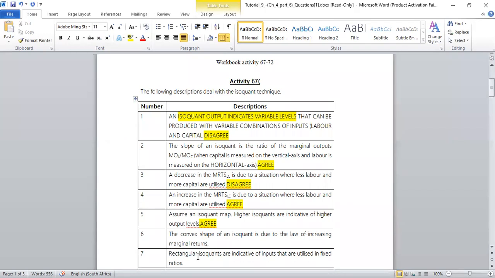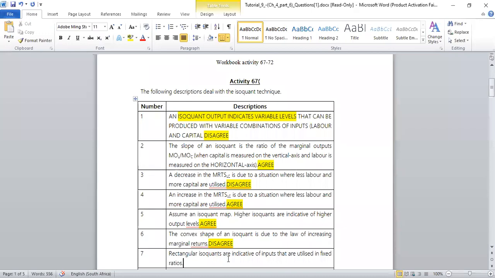It's diminishing return. So this one is disagree. Let me repeat again: the convex shape of an isoquant is due to the law of diminishing return, not to the law of increasing marginal return. Hopefully, guys are following.